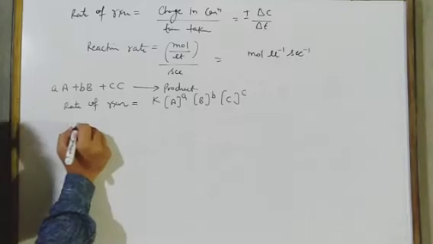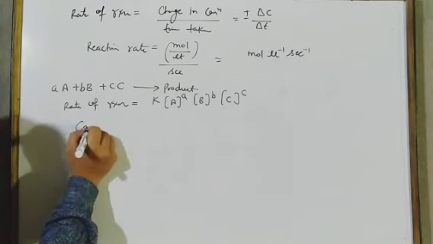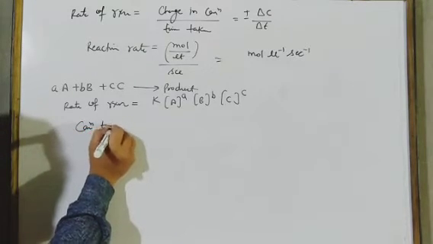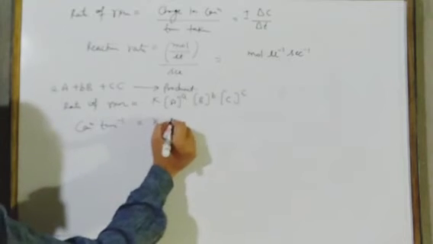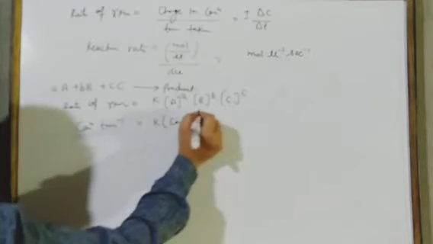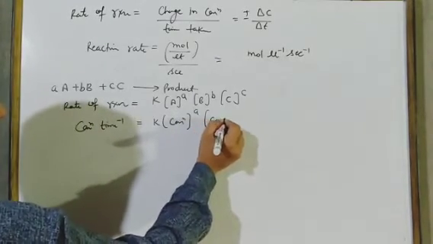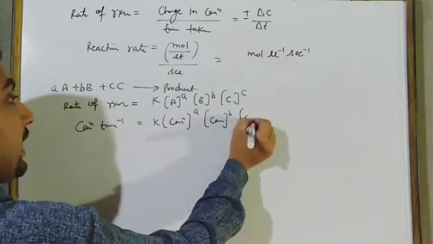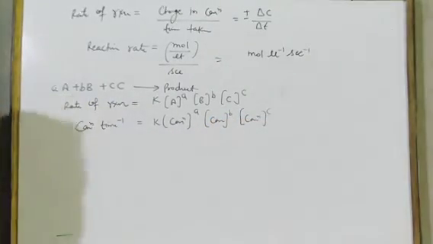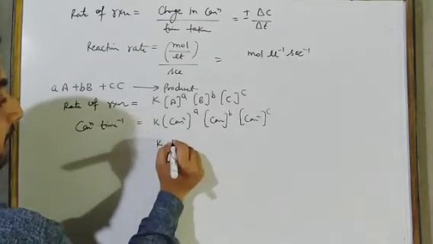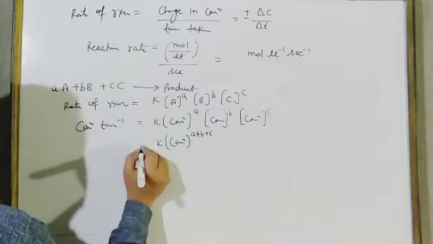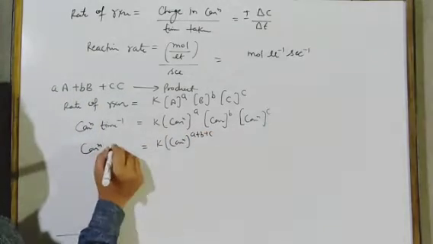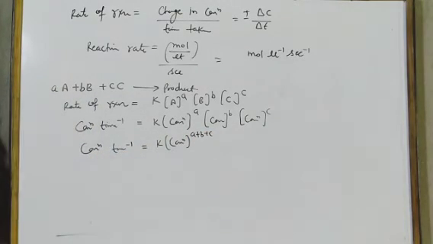So the unit of rate is concentration time inverse, and from here concentration time inverse is equal to K, concentration power a, concentration power b and concentration power c. So we can write it as K concentration power a plus b plus c is equal to concentration time inverse.